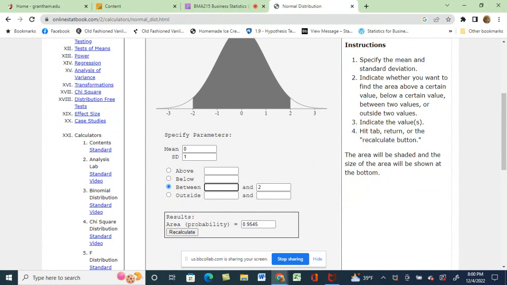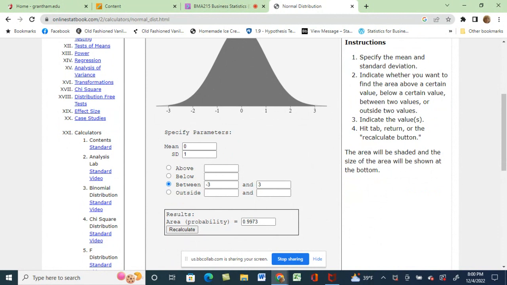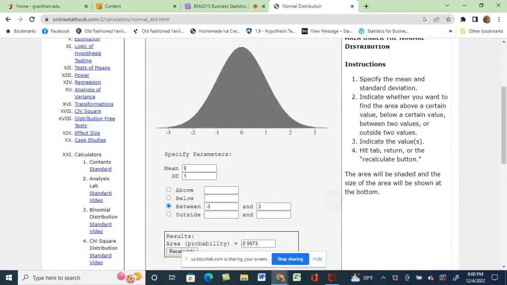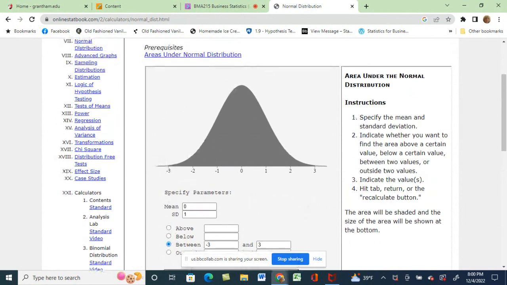And then if we do -3 and +3, 99.7% probability that our data is there. So there's hardly anything on those tail ends, hardly any data beyond -3 and +3 standard deviations.